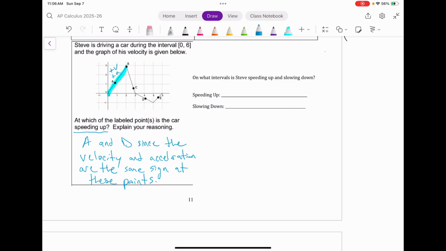So it's speeding up on this interval 0 to 2. And then it's also speeding up from 3 to 5 because the velocity is negative and the line is decreasing, so it has a negative slope. So it's got negative velocity, negative acceleration. So it's speeding up there as well from 3 to 5.